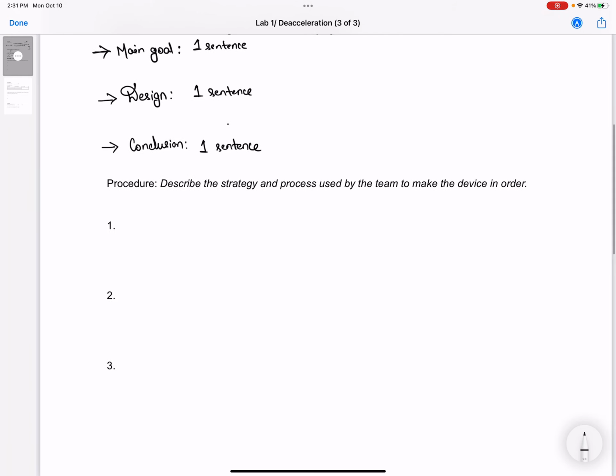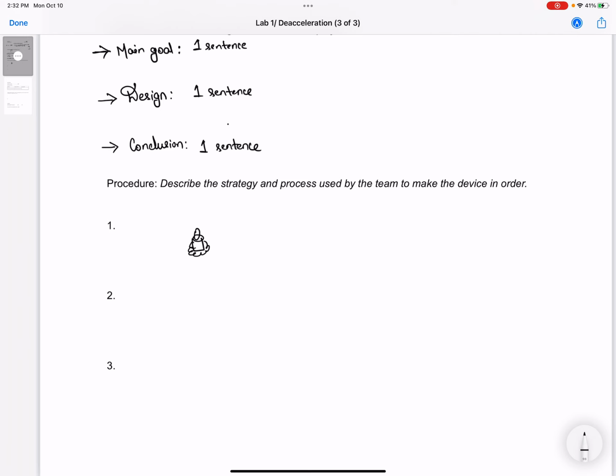What about the procedure? This is where you talk about how you made your design. So for example, you might have started with a foundation first, and then you wrapped it with some stuff to give it a cushion effect. So you write all that down here in complete sentences, not just "I put the egg in the cup." We put the egg in the cup to make it more stable.